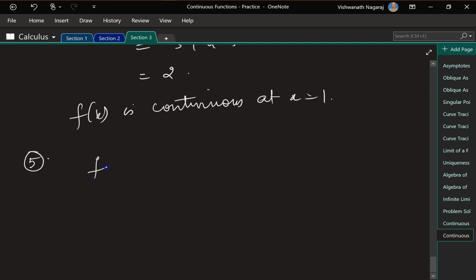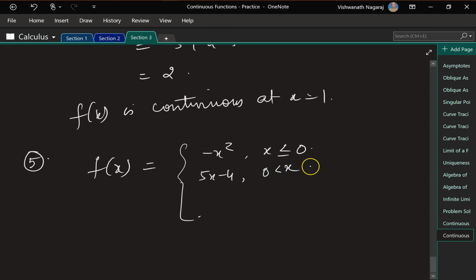Let's say we have a function f of x is equal to minus x square when x is less than or equal to 0, 5x minus 4 when x is between 0 and 1, 4x square minus 3x when x is between 1 and 2, and 3x plus 4 when x is greater than or equal to 2.